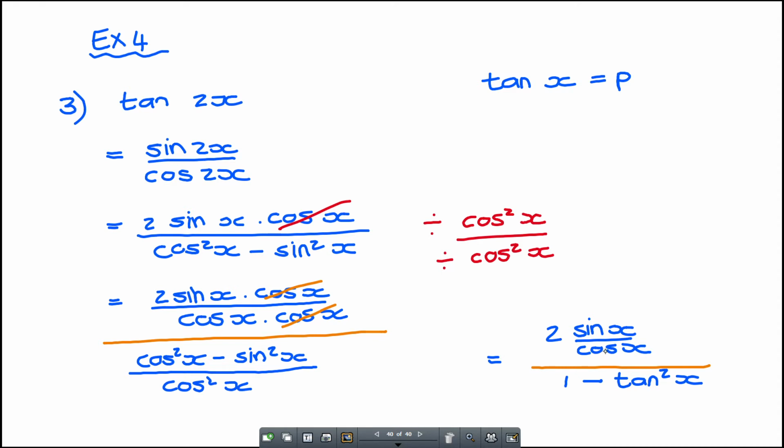So at the top I will have 2, and tan x is the same as p. So 2p over 1 minus, and tan squared x is p squared. En dis dit. Dit is so ver soos wat jy kon gaan.